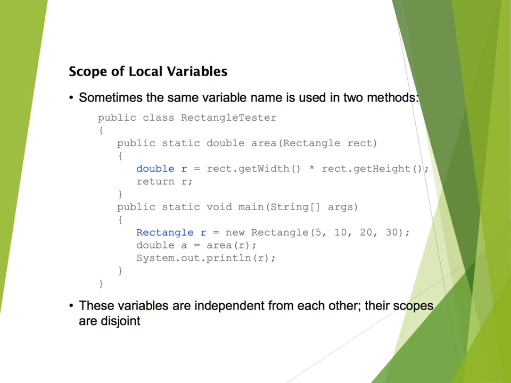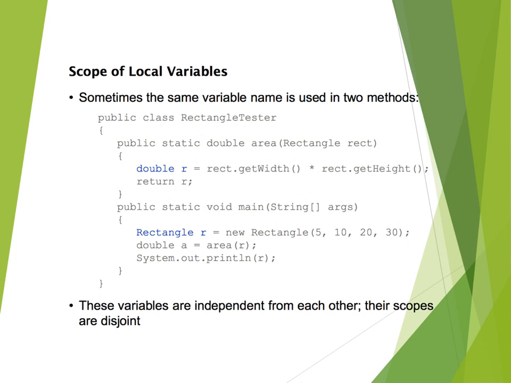Because we have different scopes for different local variables, it is possible to use the same name for two variables in two different methods. For example, here in the method area, we have a double variable called r, and in a different method called main, we have another variable with the name r, but this r is different from the r that we defined in the other method because they have different scopes.